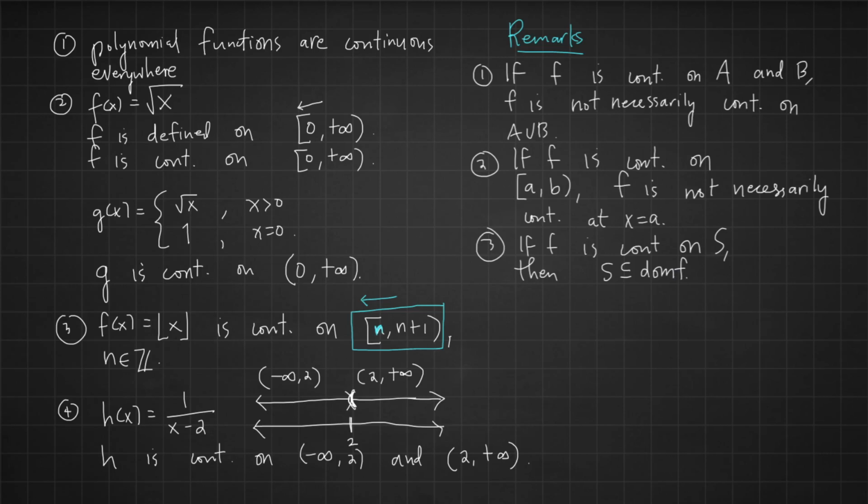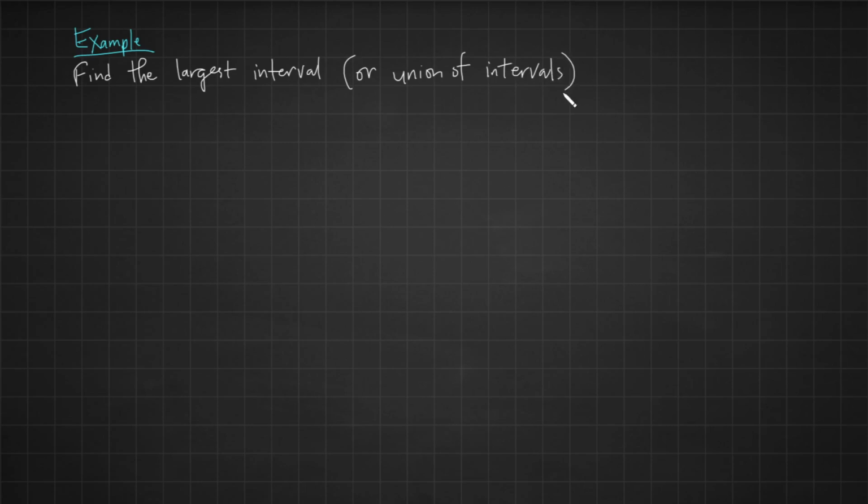So let's look at an example where we find the largest interval on which a given function is defined. Okay, so find the largest interval or union of intervals where f of x, which is equal to square root of 9 minus x squared, is continuous.